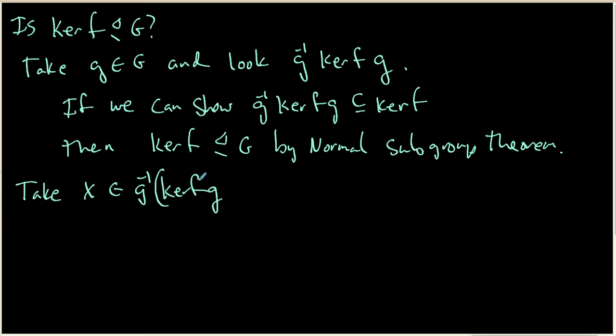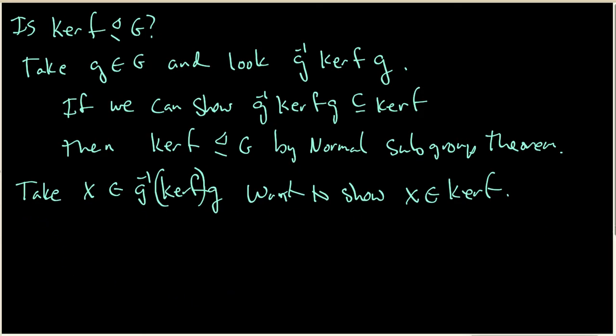Let me put some parentheses around that to make it clear that we are multiplying every element inside the kernel of f by g inverse on the front and g on the back. And I want to show that this arbitrary element x of g inverse times the kernel times g happens to be inside the kernel of f.